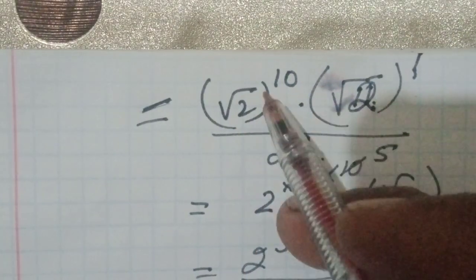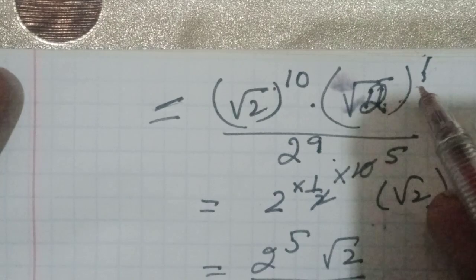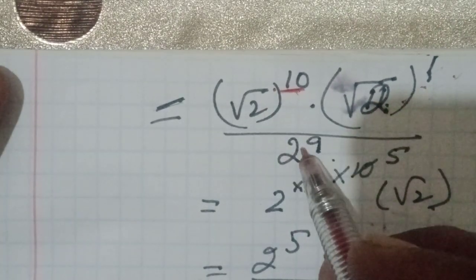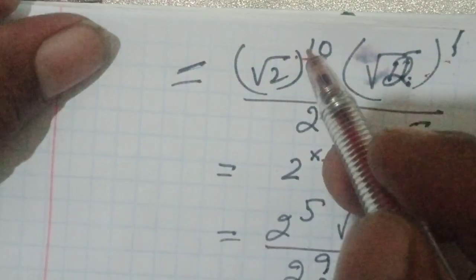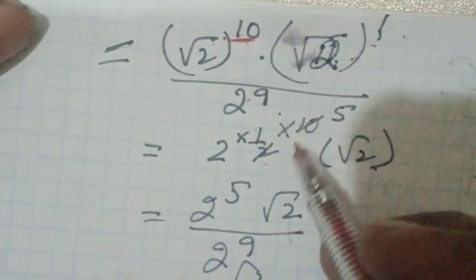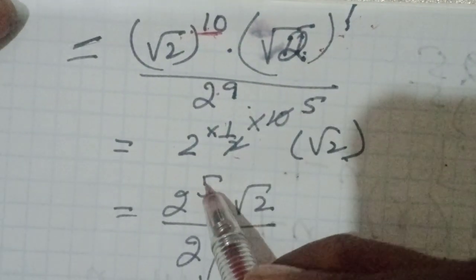Now I am going to separate it and make it even. Under root 2, one I have separated, and there are 10 terms here and 1 term here. Now what is the power of the root? The root's power is 1 upon 2. Now 10 multiplied by 1 by 2 will give you 2 to the power 5, and 1 root power is remaining.